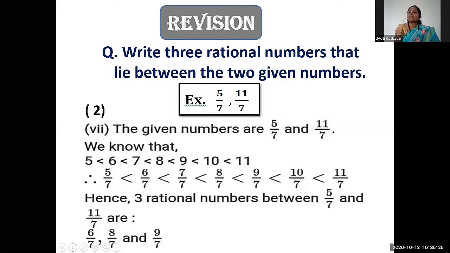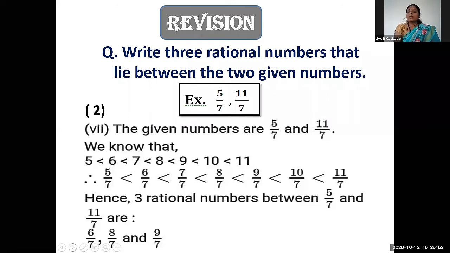Now see the numbers in between 5 and 11. Which numbers are in between 5 and 11? 6, 7, 8, 9 and 10.